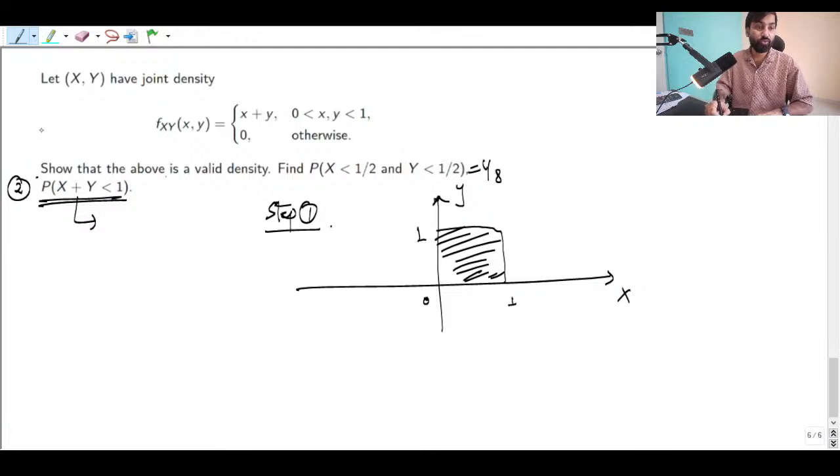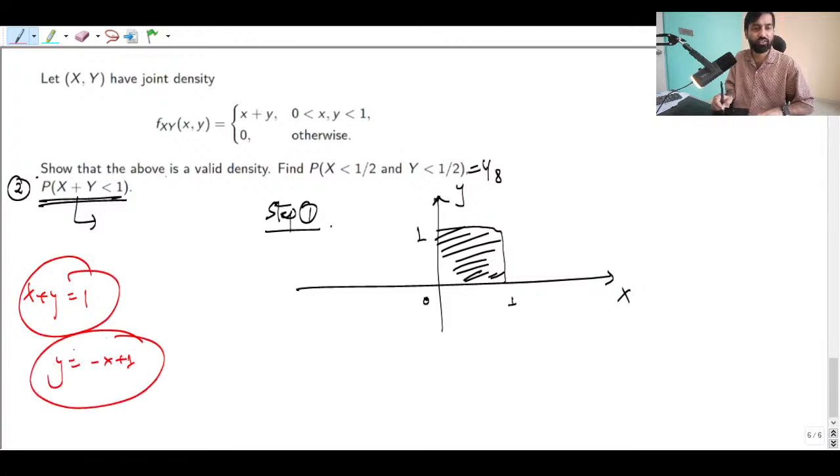But now you have to draw the region of this region. Okay, x plus y less than 1. What is the meaning of x plus y less than 1? That is x plus y equal to 1. So you can say y equal to minus x plus 1. So this is the straight line, or you can say x equal to 0, y is 1, and y is 0, x is 1, right?